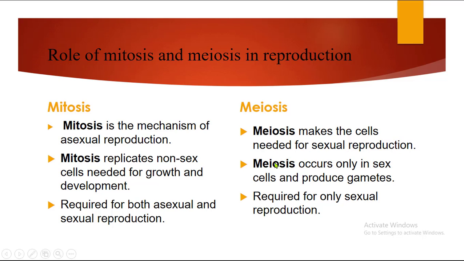You must have noticed that meiosis is only involved during sexual reproduction. However, mitosis is required both in sexual and asexual reproduction, because in sexual reproduction, after fertilization, the process of mitosis is required for the growth and development of the zygote.